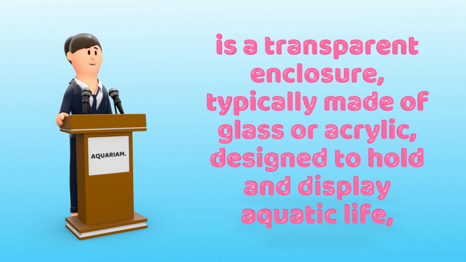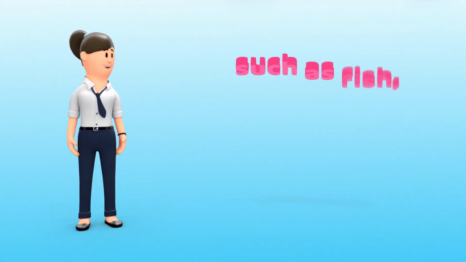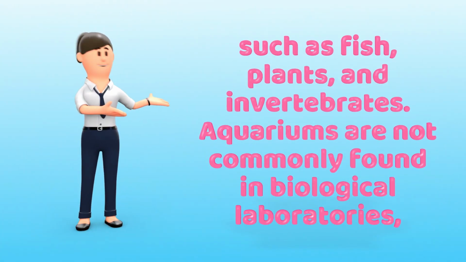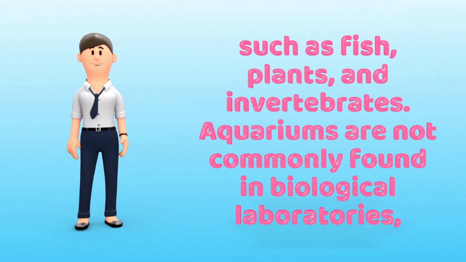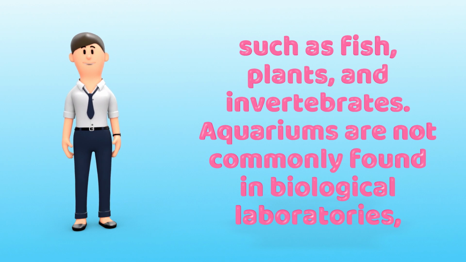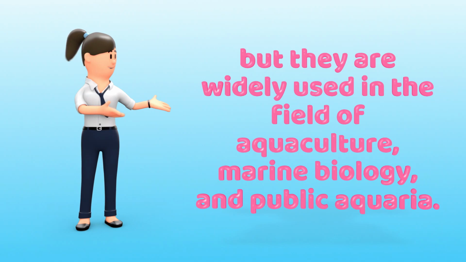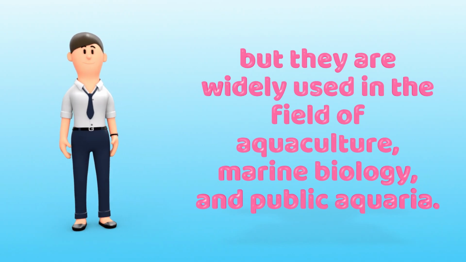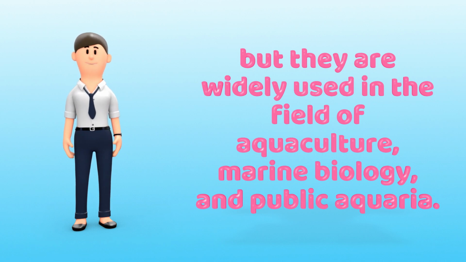And lastly but not least, we have the aquarium. It is a transparent enclosure, typically made of glass or acrylic, designed to hold and display aquatic life, for instance, fish, plants, and invertebrates. Aquariums are not commonly found in biological laboratories, but they are widely used in the field of aquaculture, marine biology, and public aquaria.